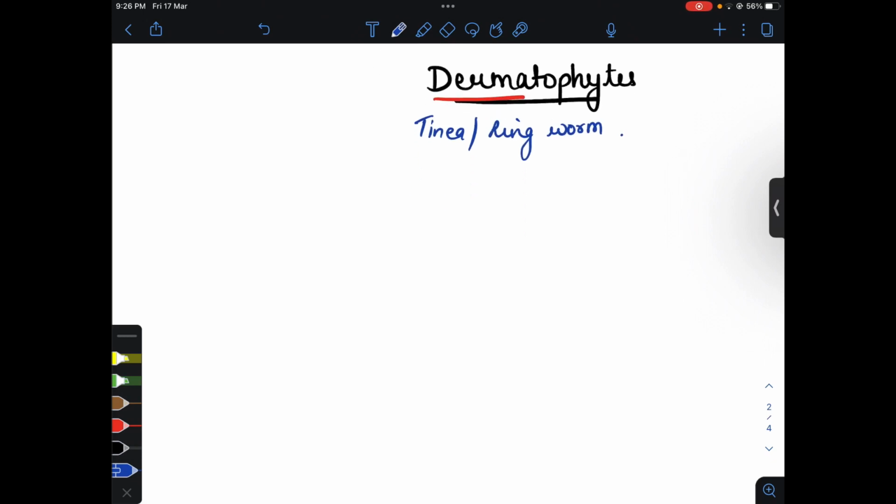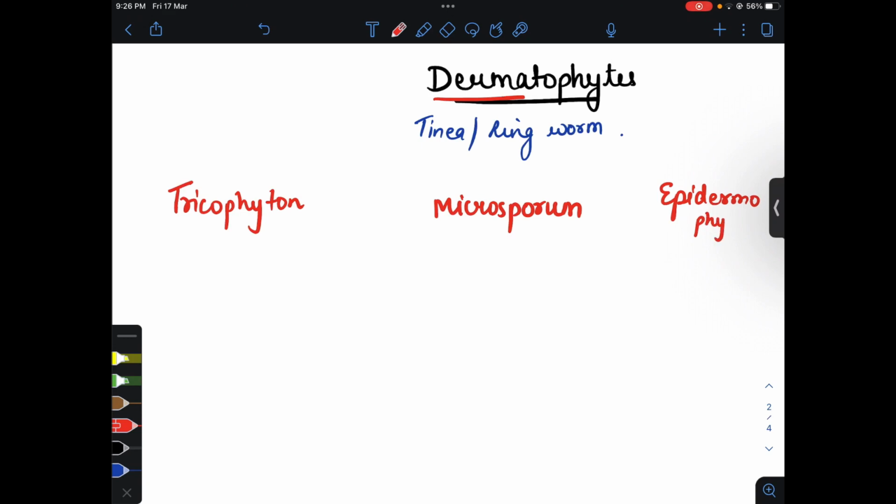The first one is trichophyton, the second one is microsporum, and the third one is epidermophyton.